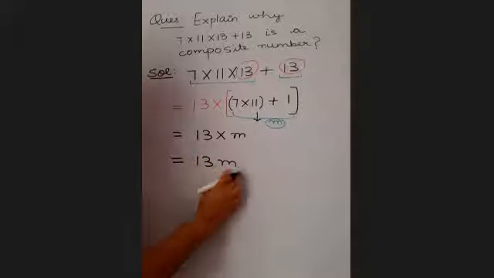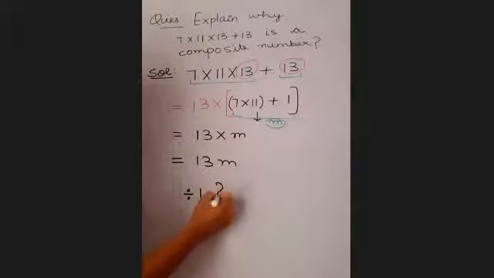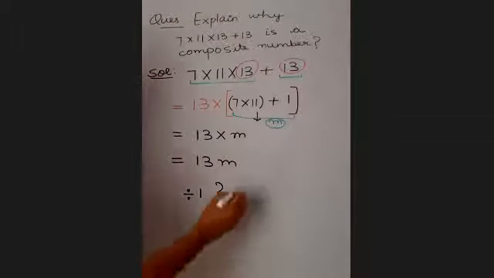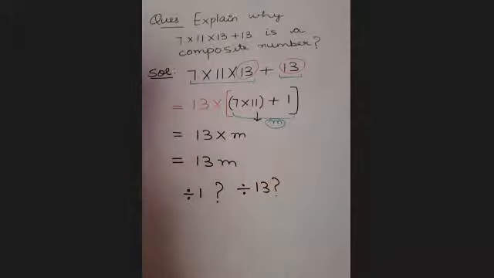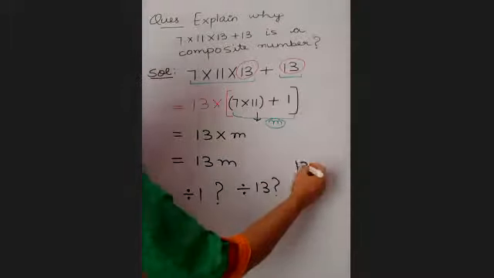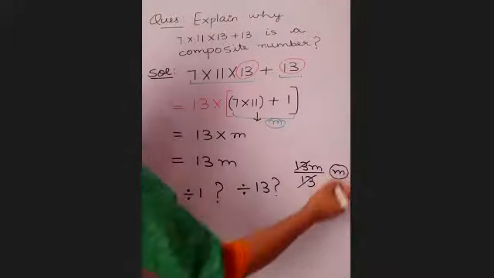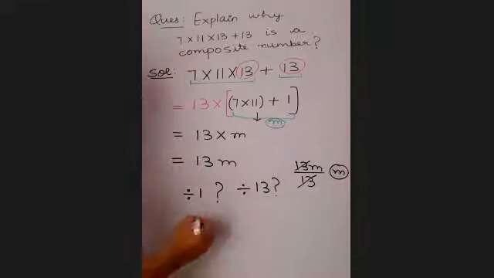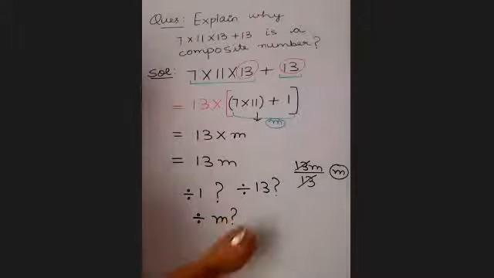Is this number 13M divisible by 1? Yes, ma'am. Is the number divisible by 13? Yes, ma'am. Clearly 13M, so if you divide by 13, only M will be there. Is this number divisible by M also? Yes, ma'am.